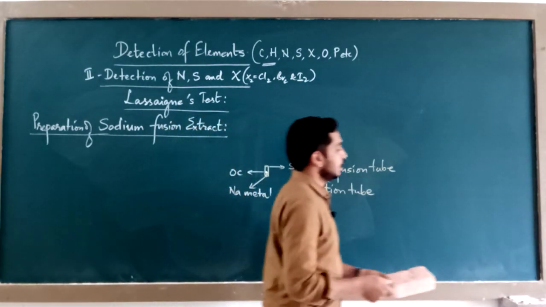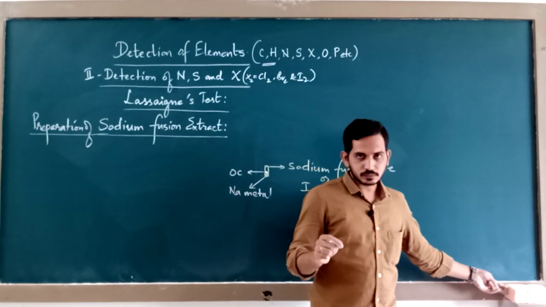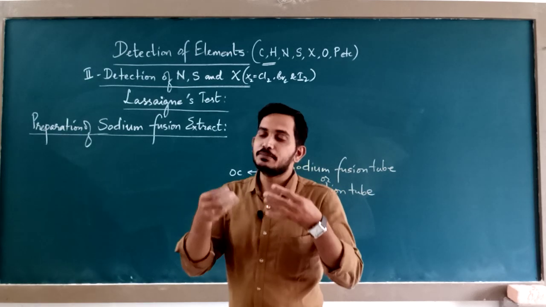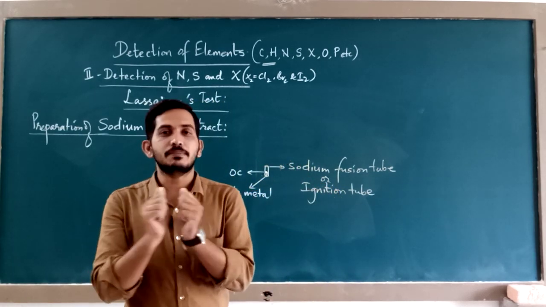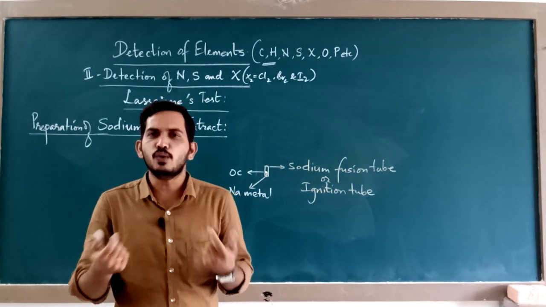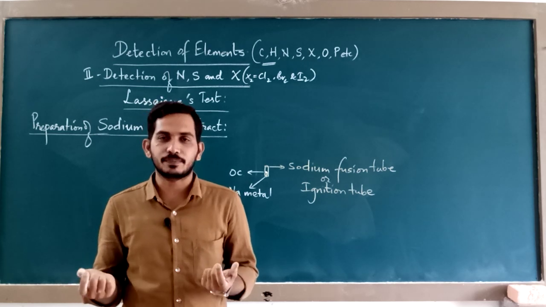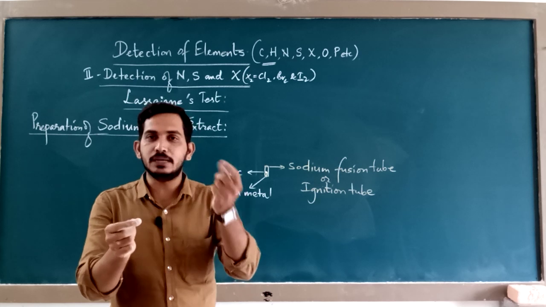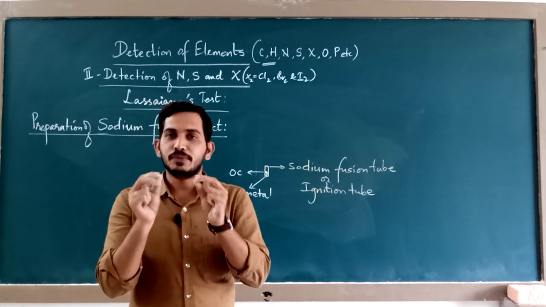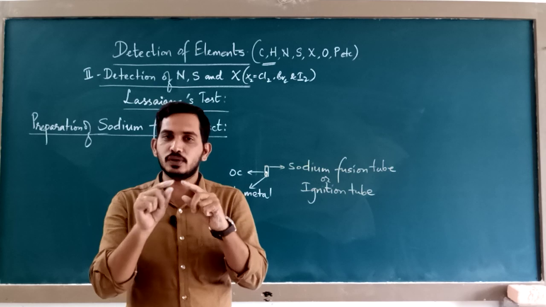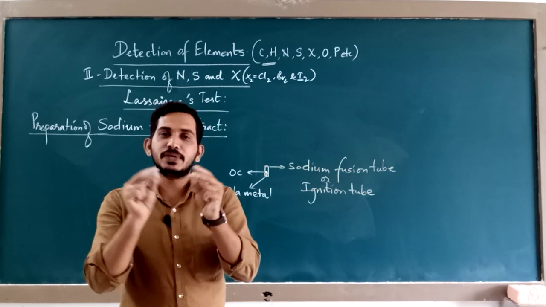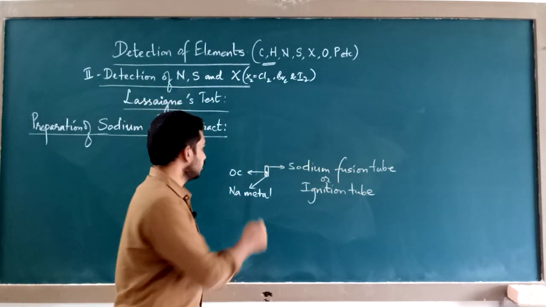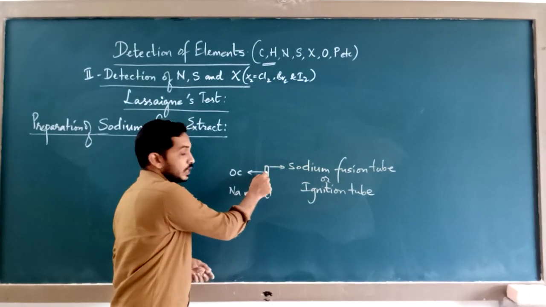This time you need to heat slowly until the reaction between the organic compound and the sodium metal gets completed. Now how do I know whether the reaction is complete or not? When you begin to heat the sodium fusion tube initially, before adding the organic compound, you will observe some vapors emanate from the sides of the sodium metal.